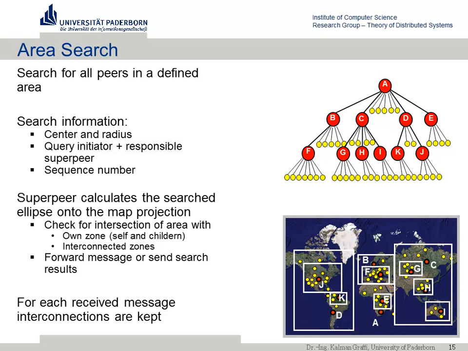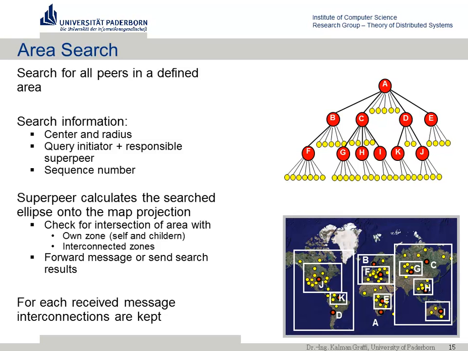You could define some area you are interested in and retrieve all the information from it. So you want to find all peers in a defined area, so you give the center and the radius of that area, and of course you also give your own information in that search message, and the responsible super peer from whom you send it.